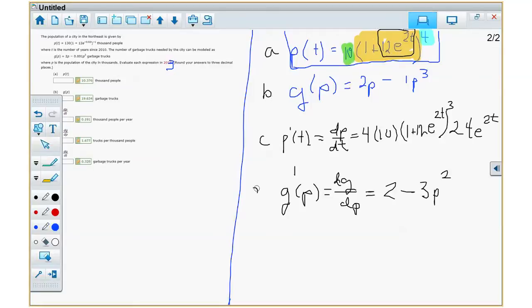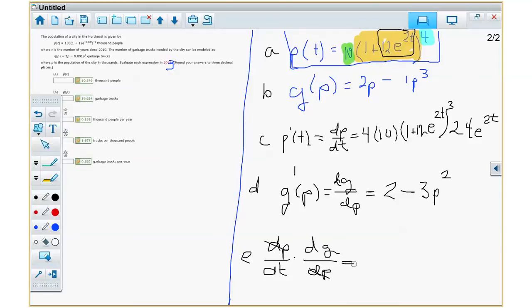This is C, this is D, and E, as I showed you before, they want the composition function, which is dP over dt times dg over dP. And what happens to the dP's?